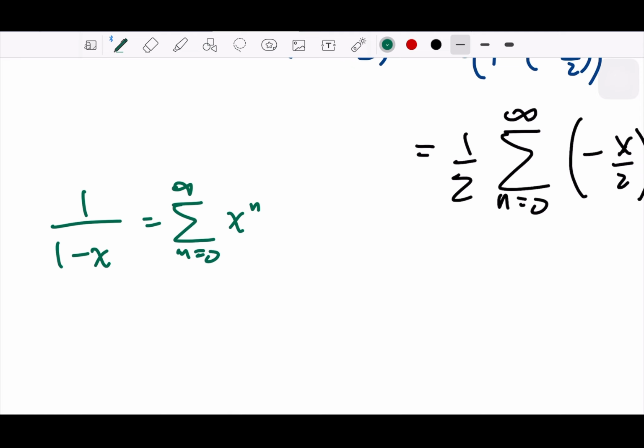If we need to take some time to manipulate the form, like we have 2 here, then it means that we need to multiply by half at the series, and then we can include the constant inside and make a new series. So basically, we are just taking our time to manipulate this representation.